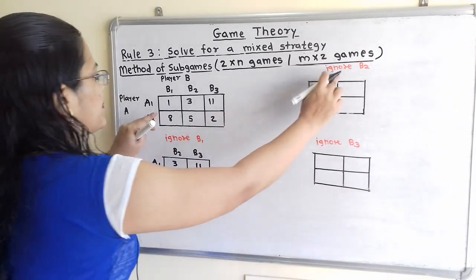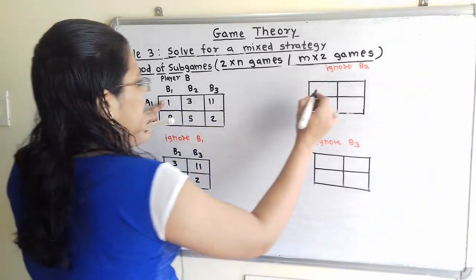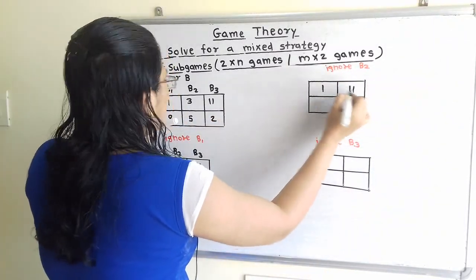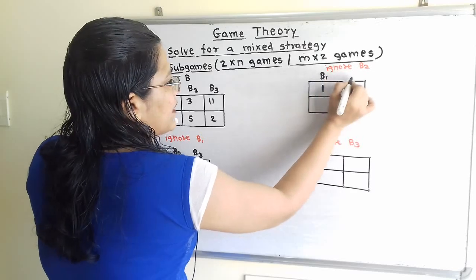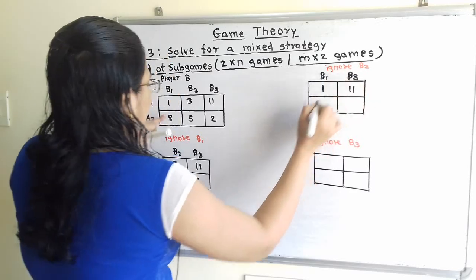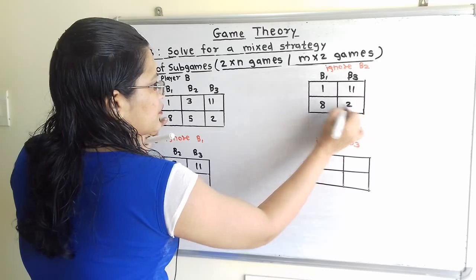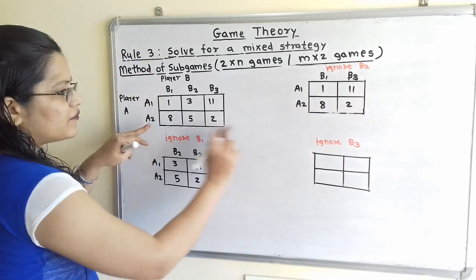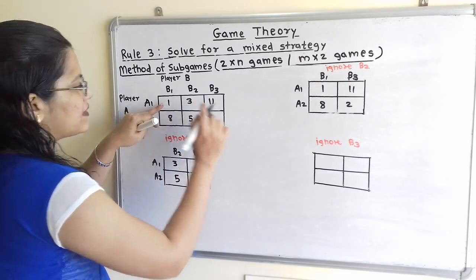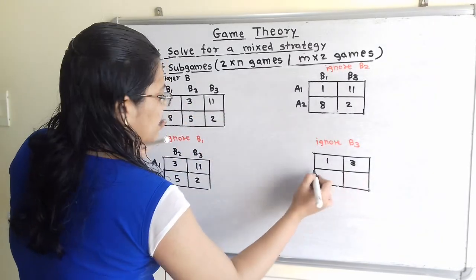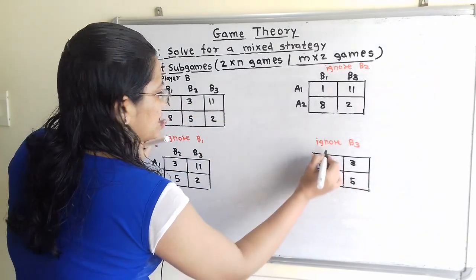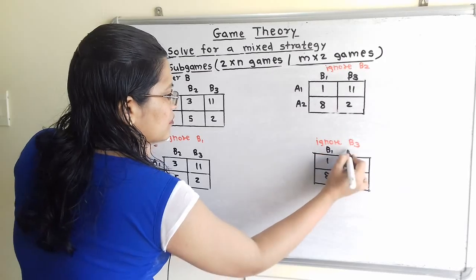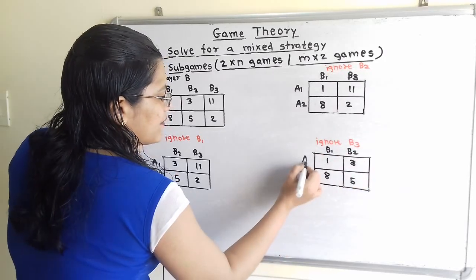Now here B2 is ignored, so we will write 1, 11, that is B1 and B3, and 8, 2, with A1, A2. Now for the third we have ignored B3, so I will write the remaining 1, 3, 8, 5, with B1, B2 and A1, A2.